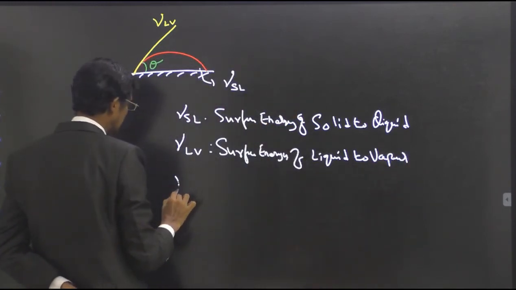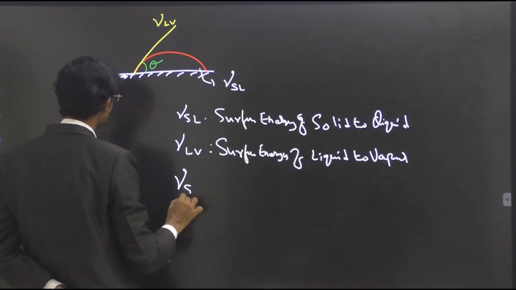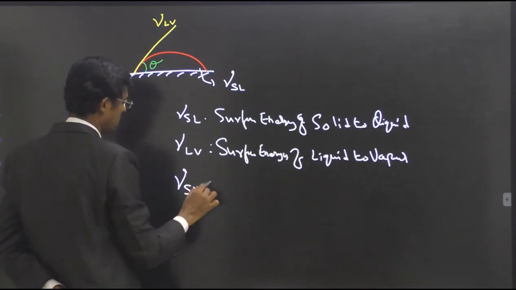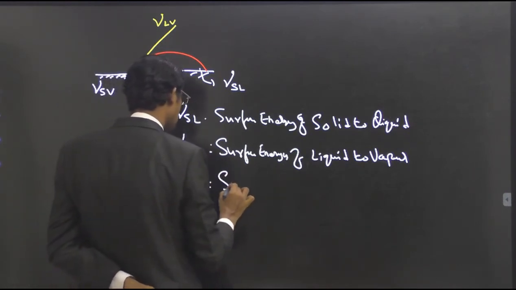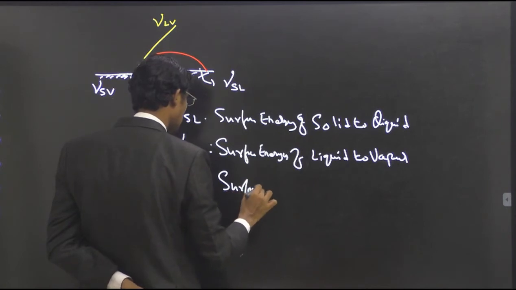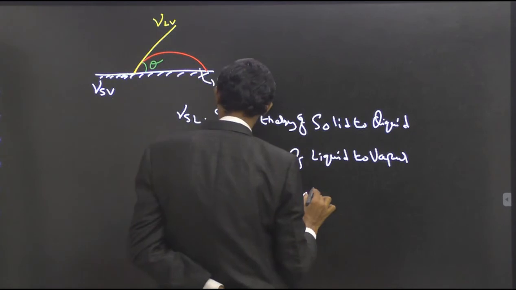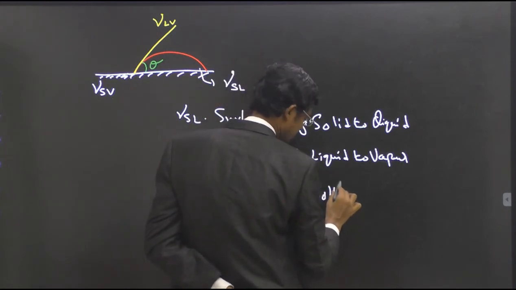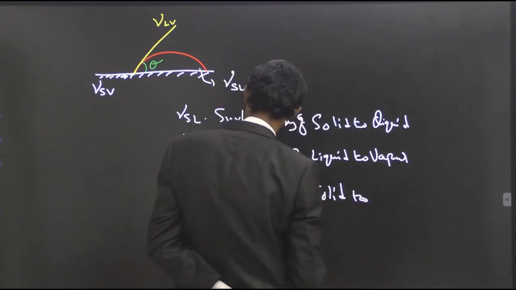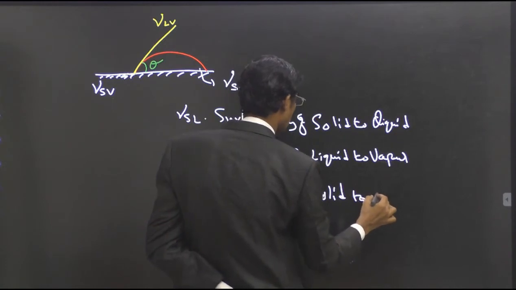Otherwise we can say gamma SV, this point. I am calling this the surface energy of solid to vapor.